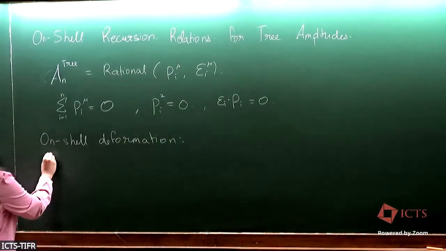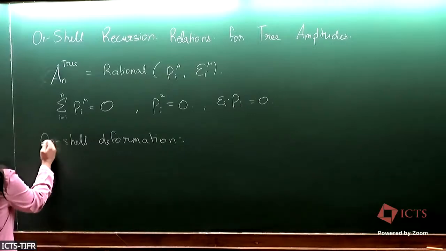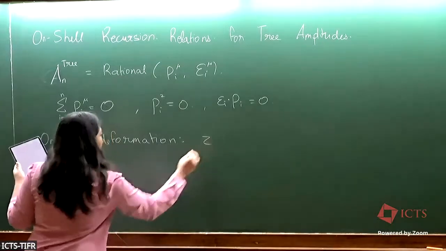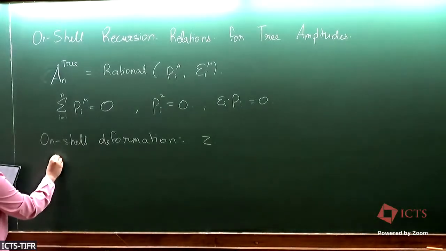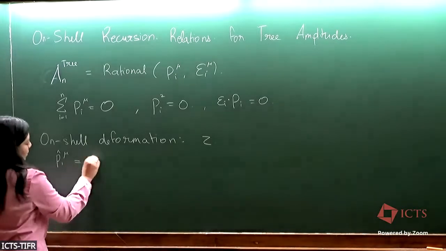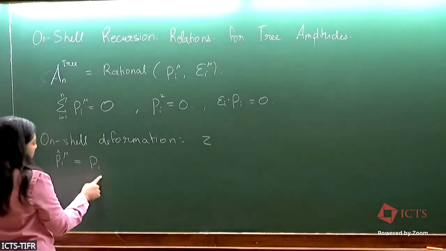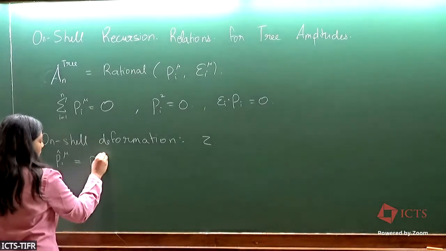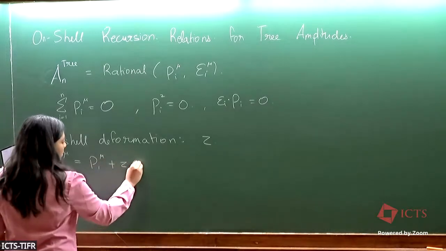So to do that, I will need to introduce a parameter. I'm going to call this parameter Z. Z is complex. So then I can do the following deformation where I say that my new momentum 1, P1 hat, is P1 plus Z Q1.